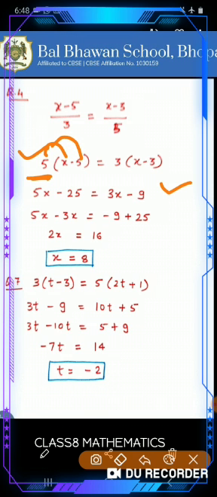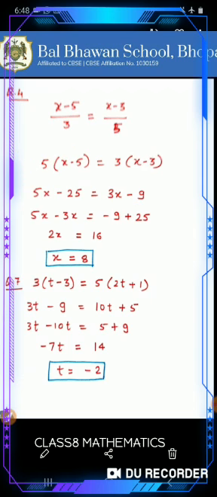You don't multiply the number with all the rest of the terms, right? So please remember, the number written before the bracket will be multiplied with all the terms in the bracket. Okay, so here we got 5 into x, 5x, then 5 into 5, 25, then 3 into x is 3x, and 3 into minus 3 is minus 9.